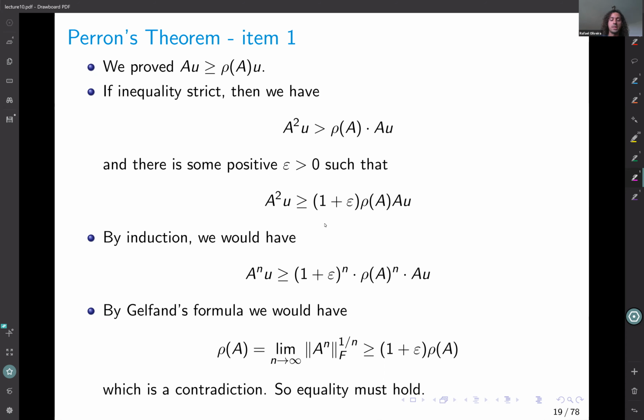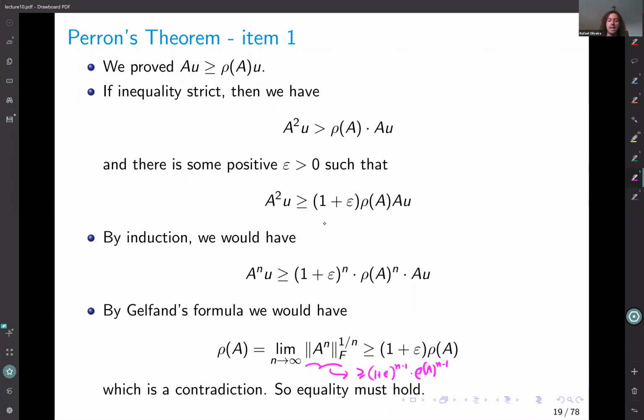So in particular, the Frobenius norm of A to the n is greater than or equal to (1 plus epsilon) to the n minus 1 times rho of A to the n minus 1. But n is going to infinity, so n and n minus 1 are pretty much the same thing.